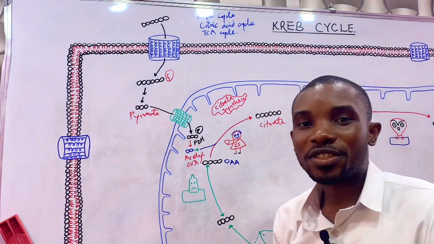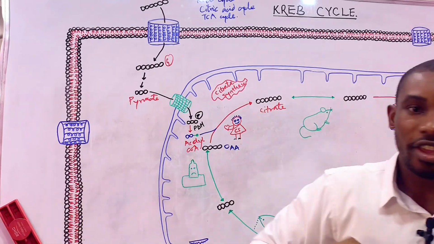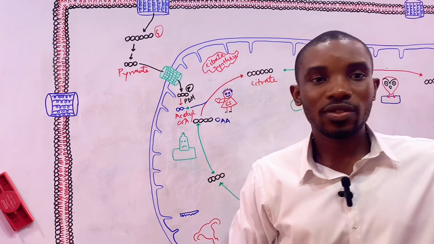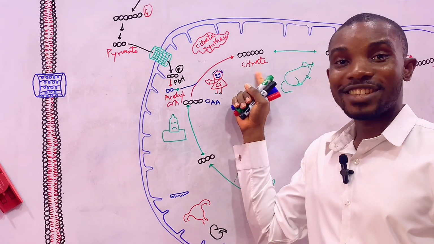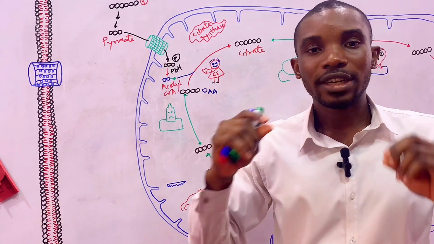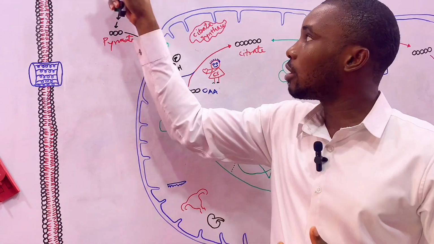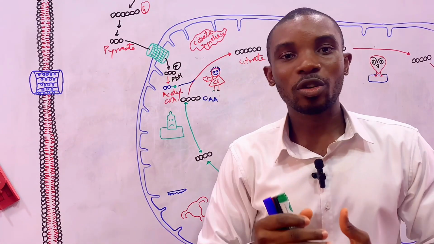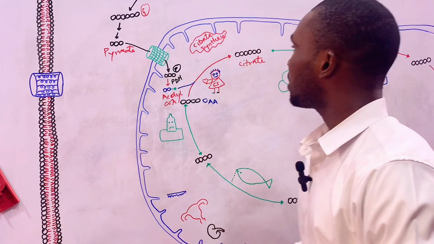And what does this TCA cycle aim at doing? It takes the acetyl CoA and combines it with oxaloacetate to form a 6-carbon molecule known as citrate. This citrate continues in the cycle, liberating CO2 and giving off energy. So you remember all along we've aimed at breaking down glucose to form energy and CO2, right? That's correct.